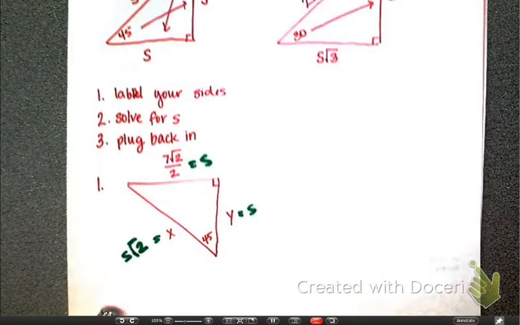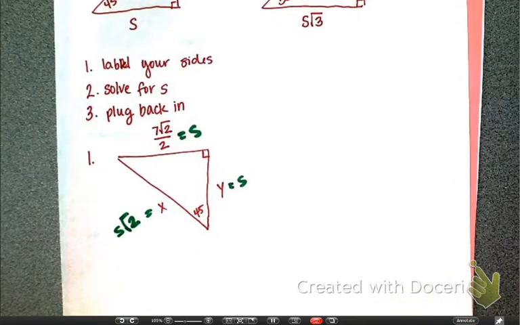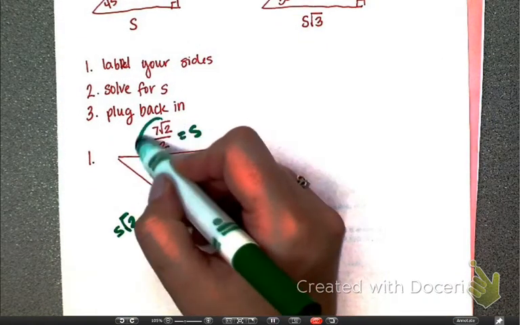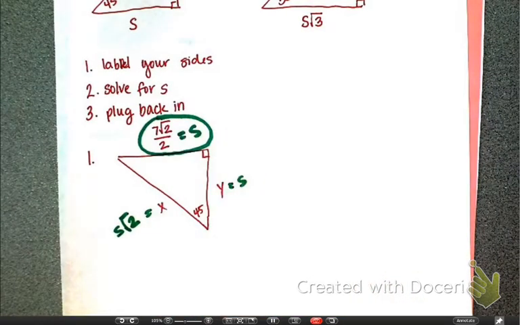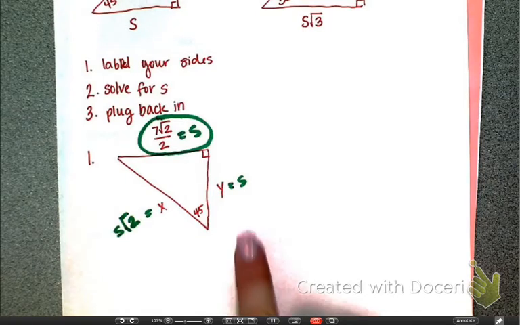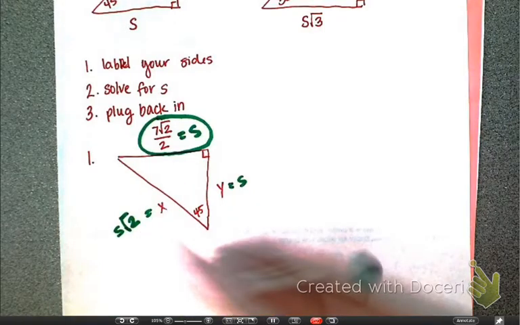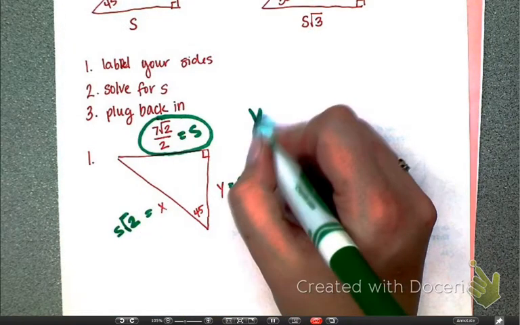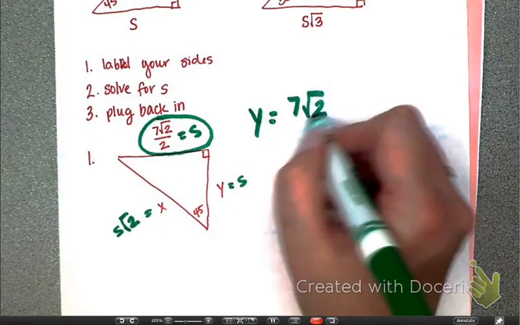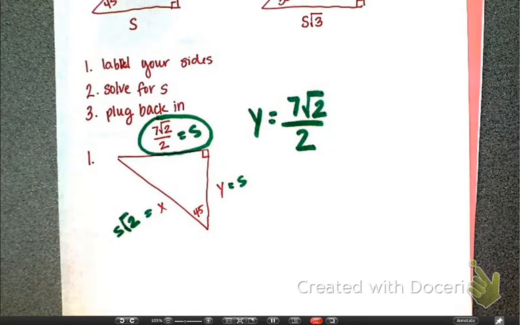Step 2 is to solve for S. Well, the nice thing here is S is already solved for us. If you have to get S by itself, then you're going to probably need to divide, but in this case we know S. Step 3 is to plug it back in. Well, y is super easy because it equals S, and we already know what S is. So y equals 7 radical 2 over 2.